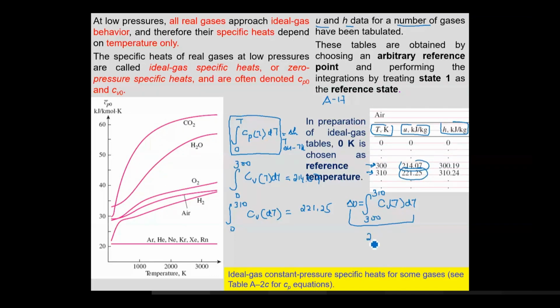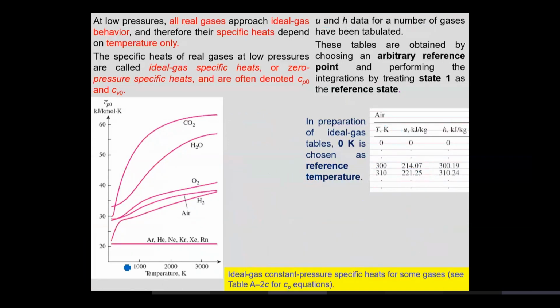That means 221.25 minus 214.07 would give me the change in internal energy of air as it moves from 300 to 310 Kelvin. I don't have to do the integration from 300 to 310 myself. I can use the table to find out the value. Is this point clear to you?